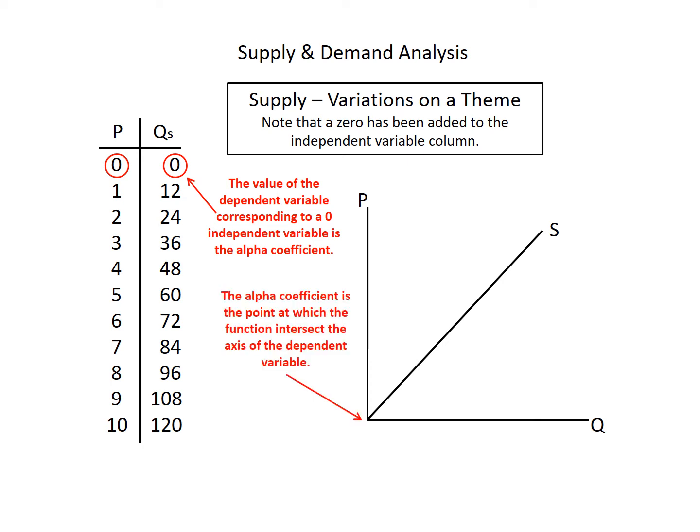And of course, the alpha coefficient is the point at which the function intersects the axis of the dependent variable. And because the dependent variable quantity supplied is 0 when the independent variable price is 0, the supply function will intersect the quantity axis at 0, which is, of course, the origin of the graph.